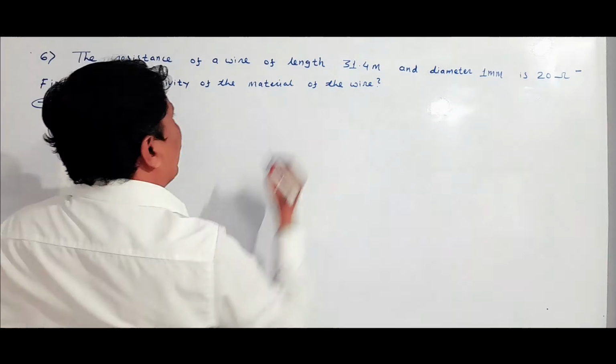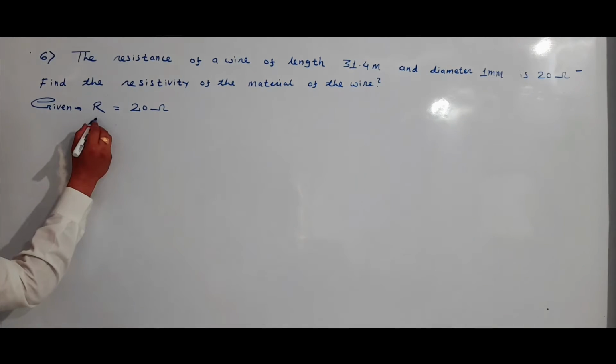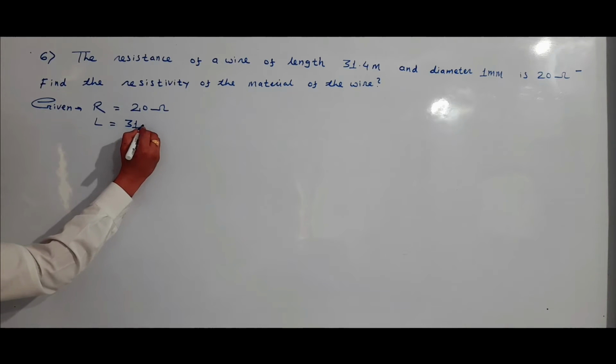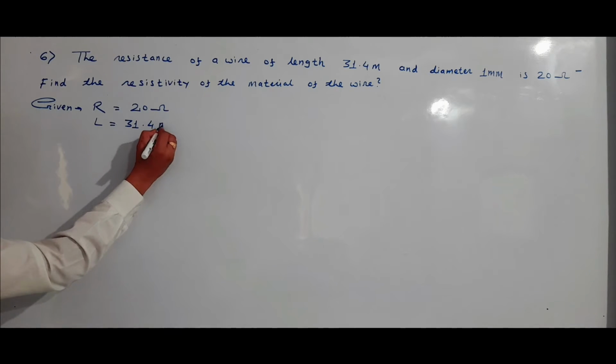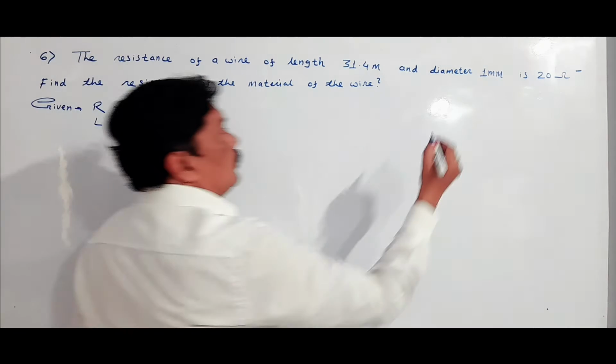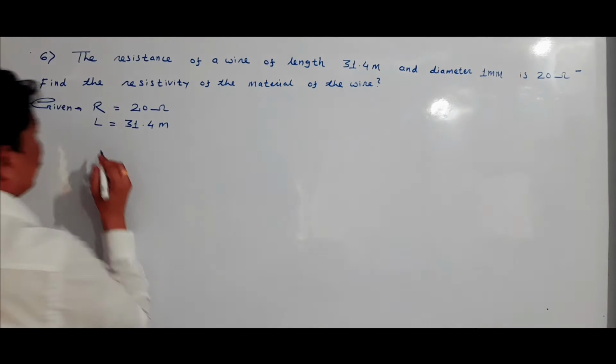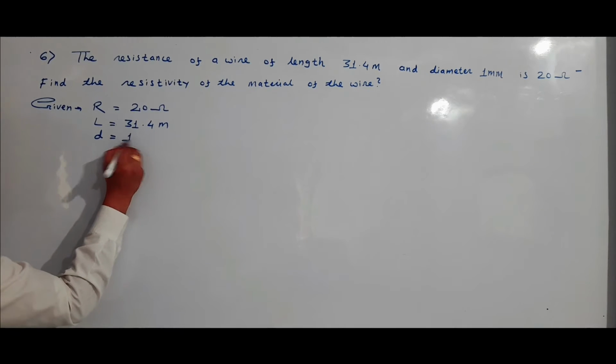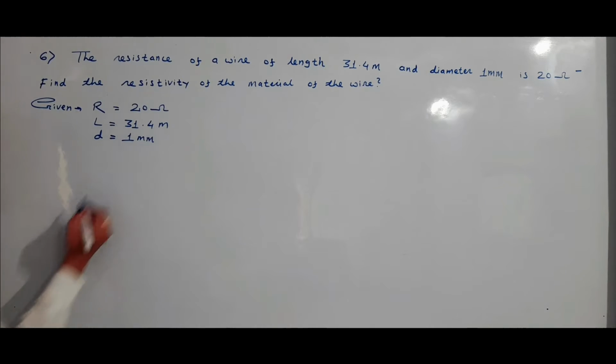The length of wire L is equal to 31.4 meter and the diameter D is equal to 1 mm.